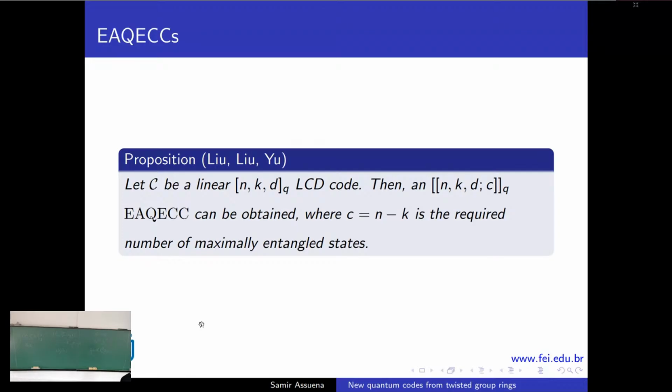When our classical code is an LCD code, we can obtain exactly an entanglement-assisted code where c is just n minus k, and this kind of code is called a maximal entanglement-assisted code.